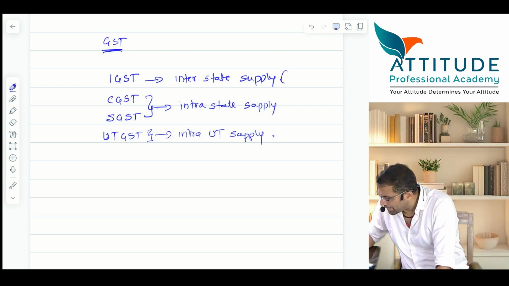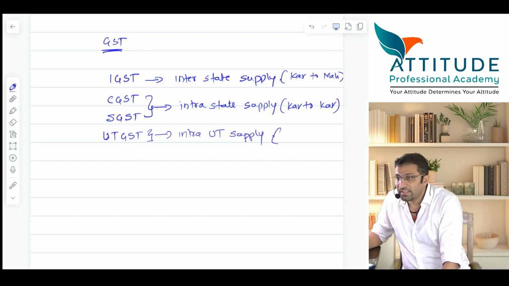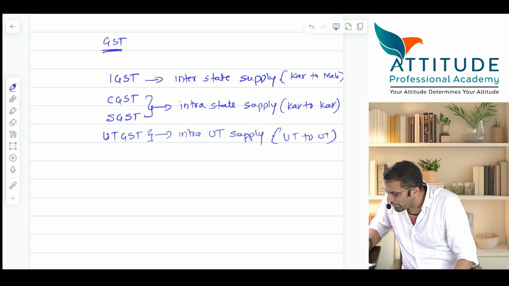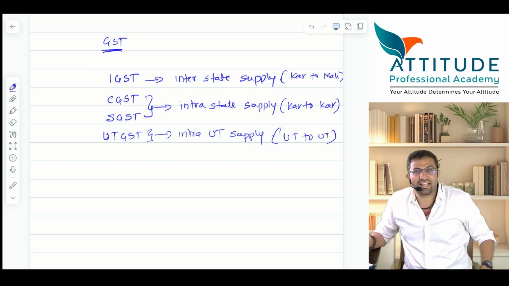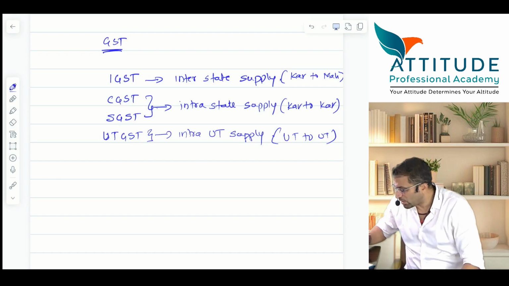So here example, goods are sold from Karnataka to Maharashtra. Here goods are sold from Karnataka to Karnataka. Here union territory, UT to UT, obviously UTGST तो आएगा ही. Is that clear? Understood?